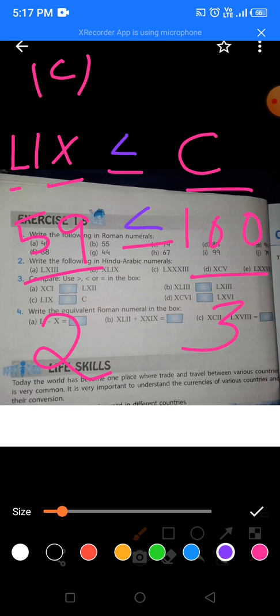So 59 is smaller than 100. I hope this is clear to you all. And you are writing in your notebooks, everyone.